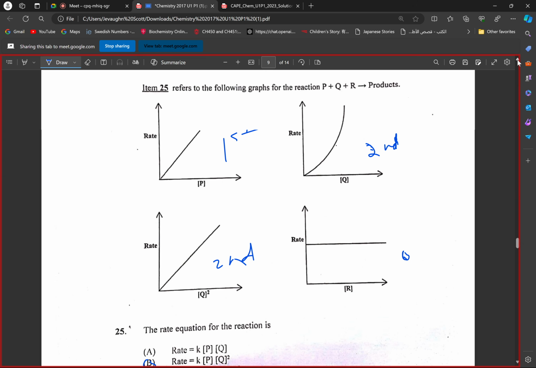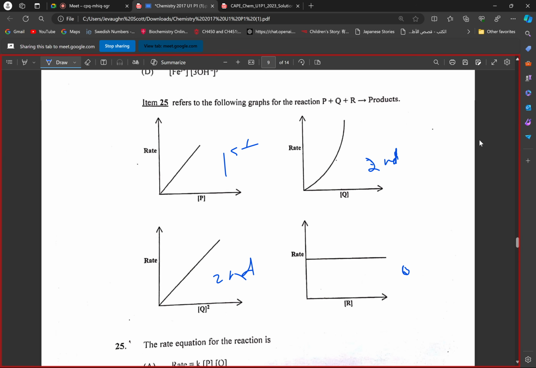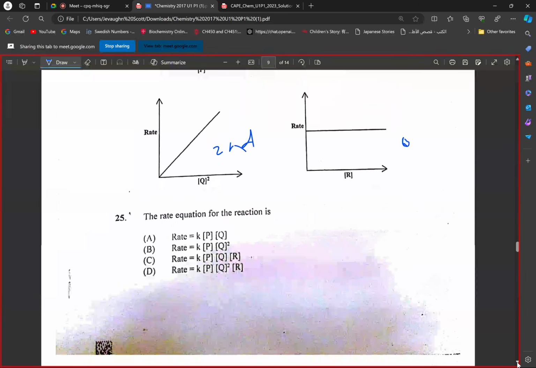Okay, that's all the question is, no? That's it. What is the rate equation for this reaction? That is it. Can move on now? Okay, sir. You can go back down to the multiple choice.